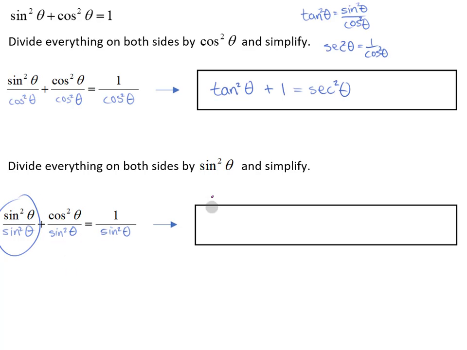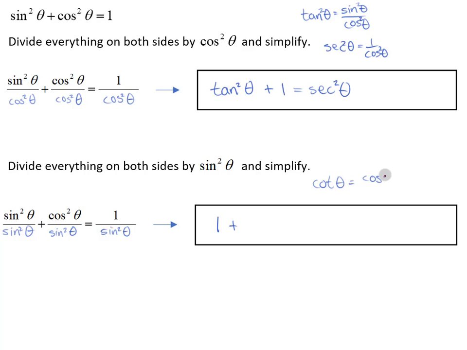Of course, sine squared divided by itself, that's 1. Now, cosine over sine, that's not exactly tangent, but it is the reciprocal of tangent, excuse me, which is cotangent.